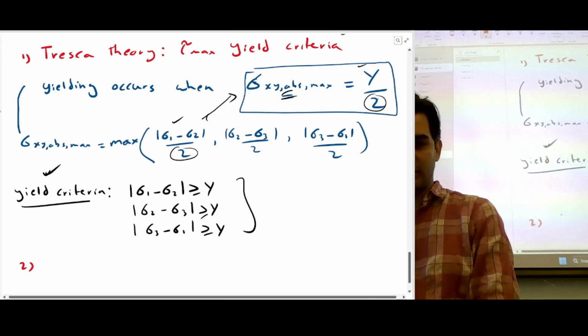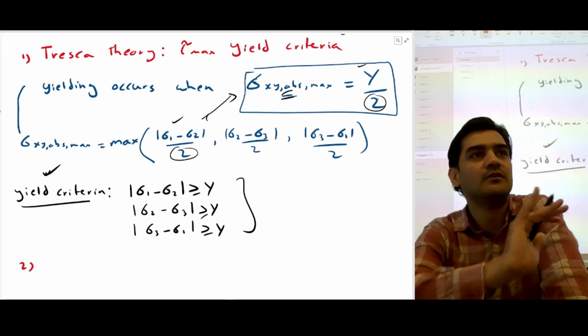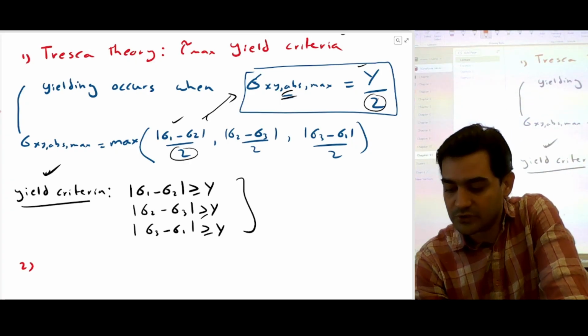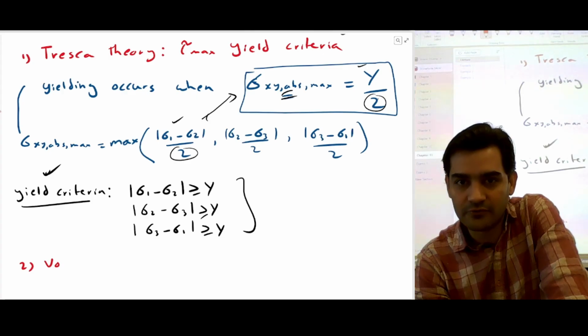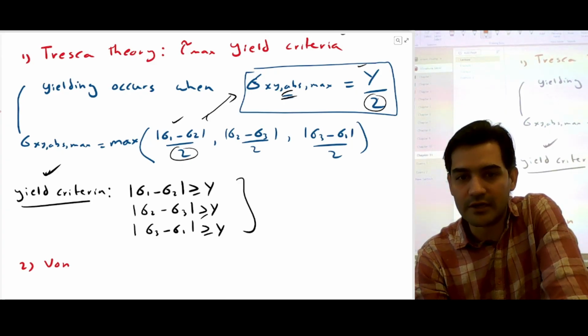So von Mises was another guy who tried to predict failure in a given loading condition, but through a different way. So he used strain energy instead of maximum stresses to calculate the yielding or failure of a given loading condition. So another one is von Mises theory.